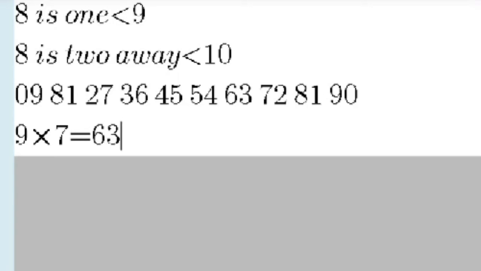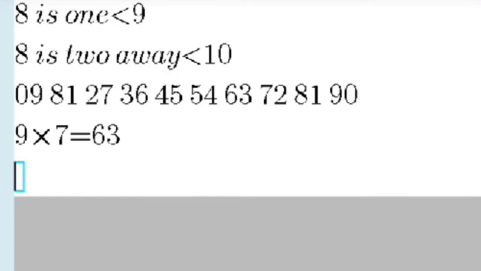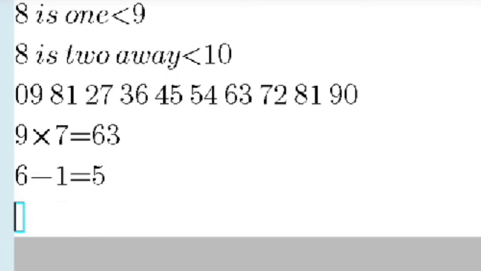So for us to get our 8 times, what are we going to do here? The result is 63. So at the left hand side, which is 6, we subtract 1. That is the first rule, which is 6 minus 1 equal to what? 5. Then the second rule applies now.